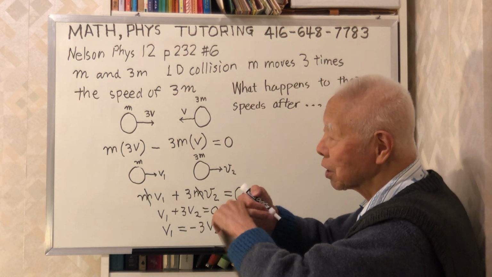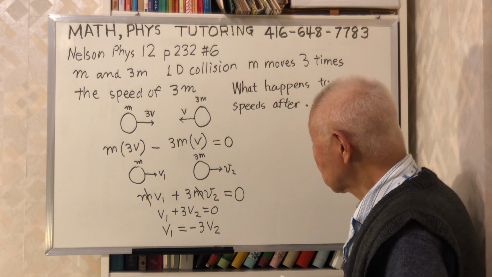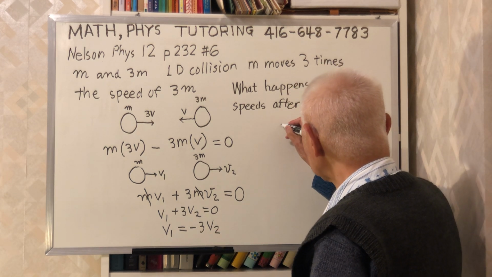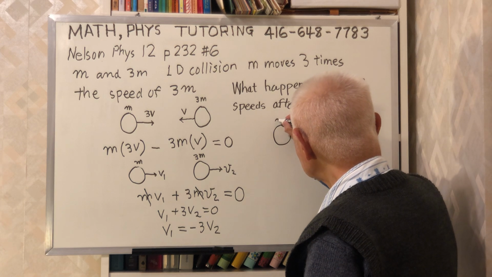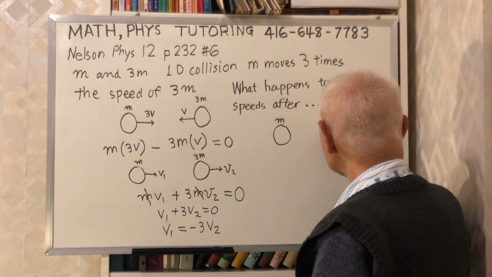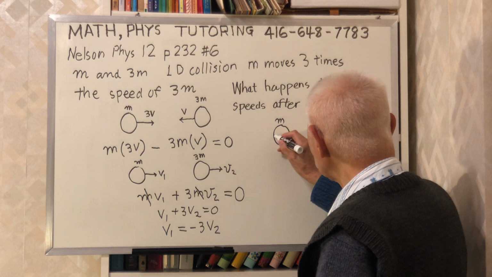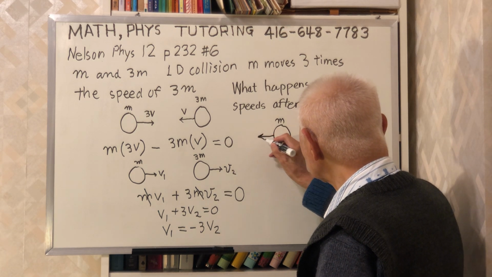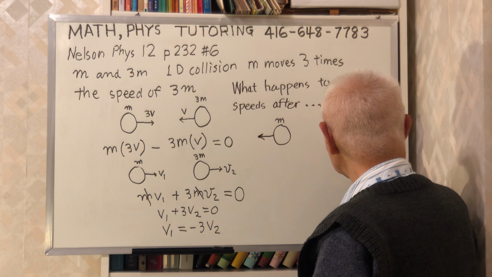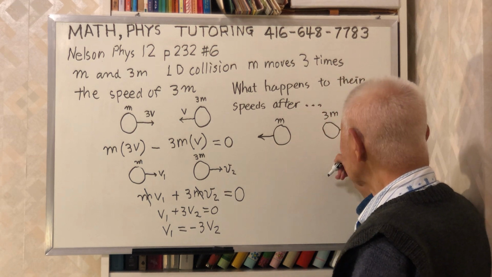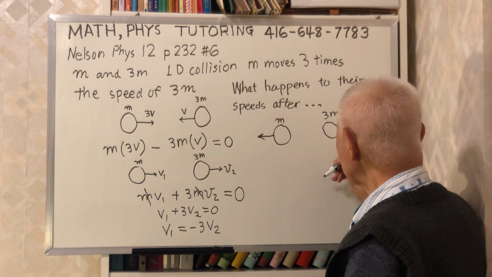So this 3 times afterwards should be this condition now. m, 3m, this is 3 times the velocity here.